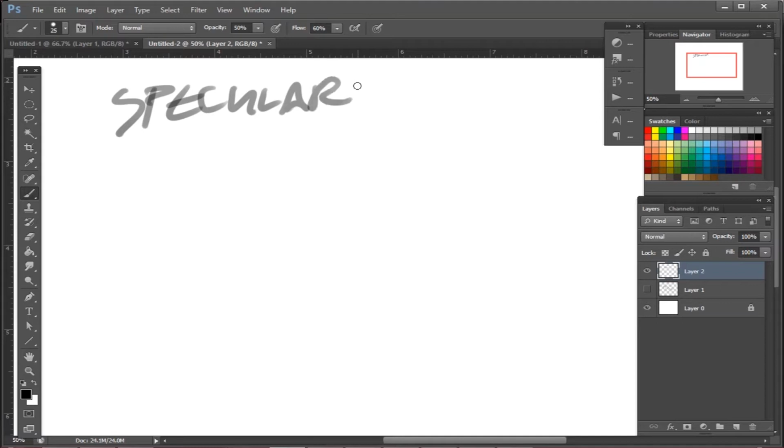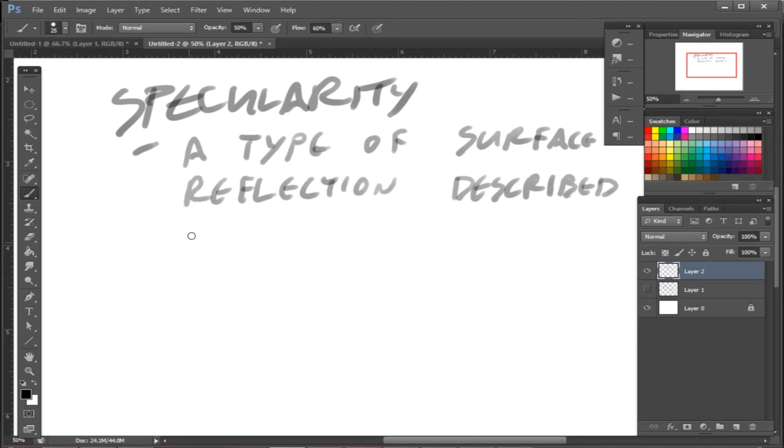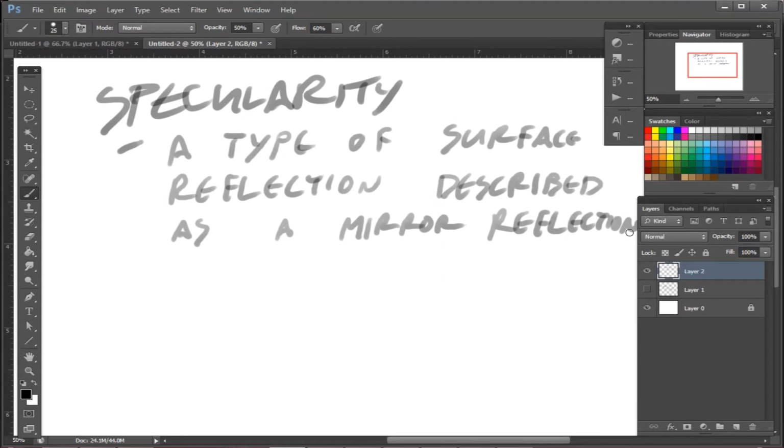Specularity: a type of surface reflection described as a mirror reflection of light.